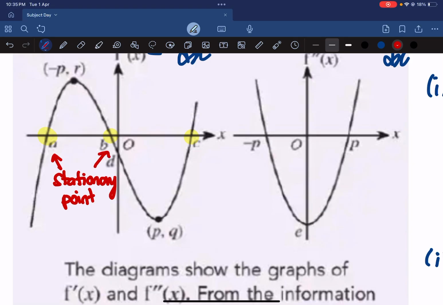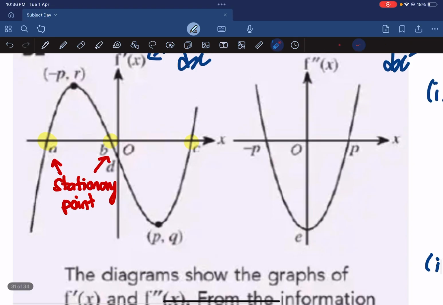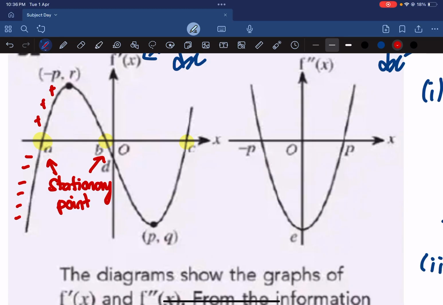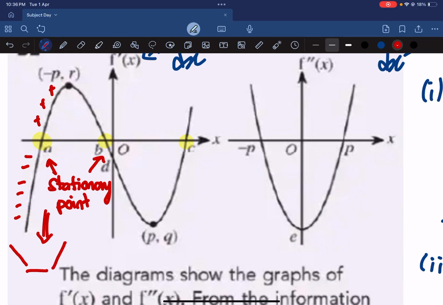I look at this f prime x. Before it reaches x equals A, this is negative. After x is more than A, this becomes positive. So if I were to sketch this graph, it means that in this portion here the gradient is negative at first, reaches point A, gradient becomes 0, and after point A, gradient becomes positive.